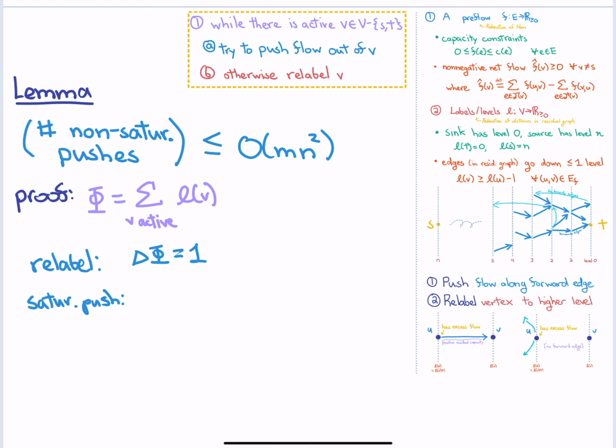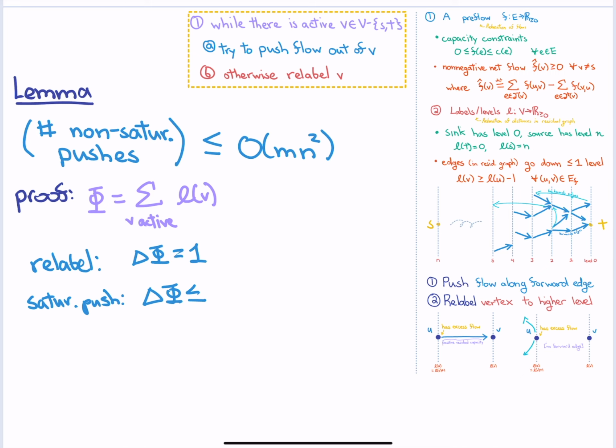So I have some flow at a vertex, and I send some flow to another vertex. We just want an upper bound. It doesn't have to be great. How much could the potential go up by? 0?